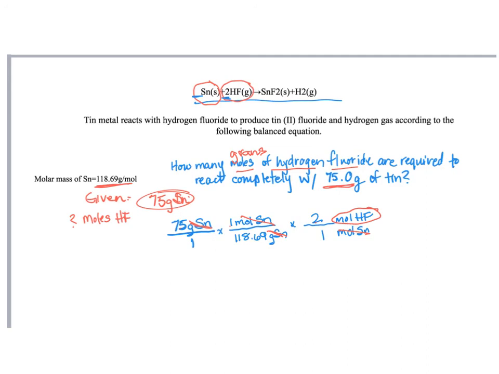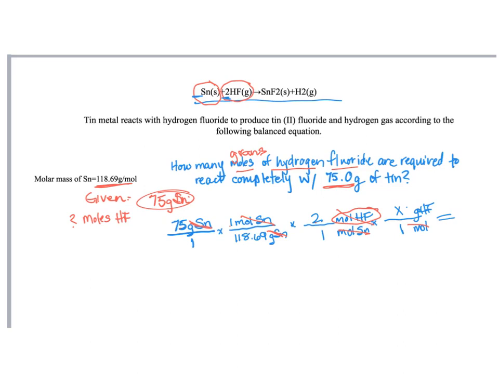The way we would set it up, though, we would multiply. Now we want grams of hydrogen fluoride here and moles of hydrogen fluoride here. So 1 mole is equal to, whatever this is, X grams. And then you would multiply one more time, this times X, and we could cancel out the moles of hydrogen fluoride.